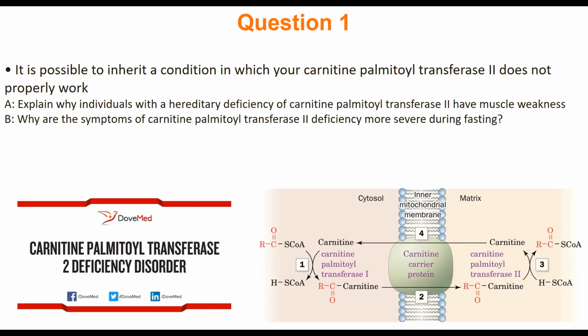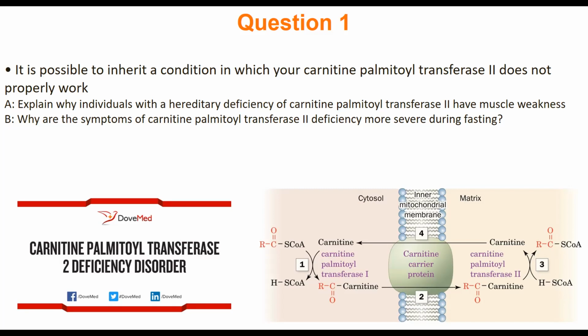So first kind of thinking question here. You can get a condition where carnitine palmitoyltransferase 2 does not work. So you can never reattach coenzyme A to your fatty acid after bringing it across with carnitine. So why would these individuals have naturally weak muscles?